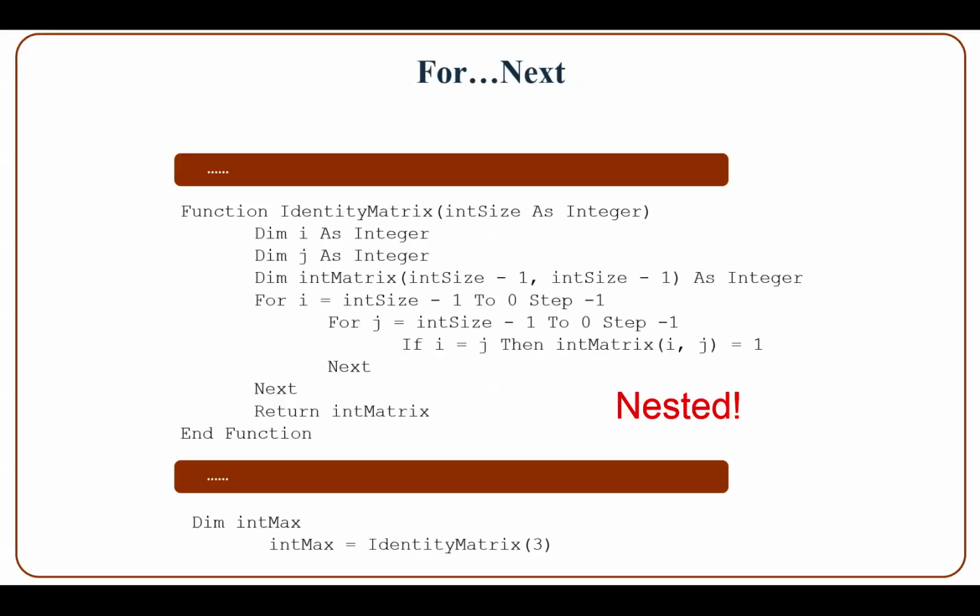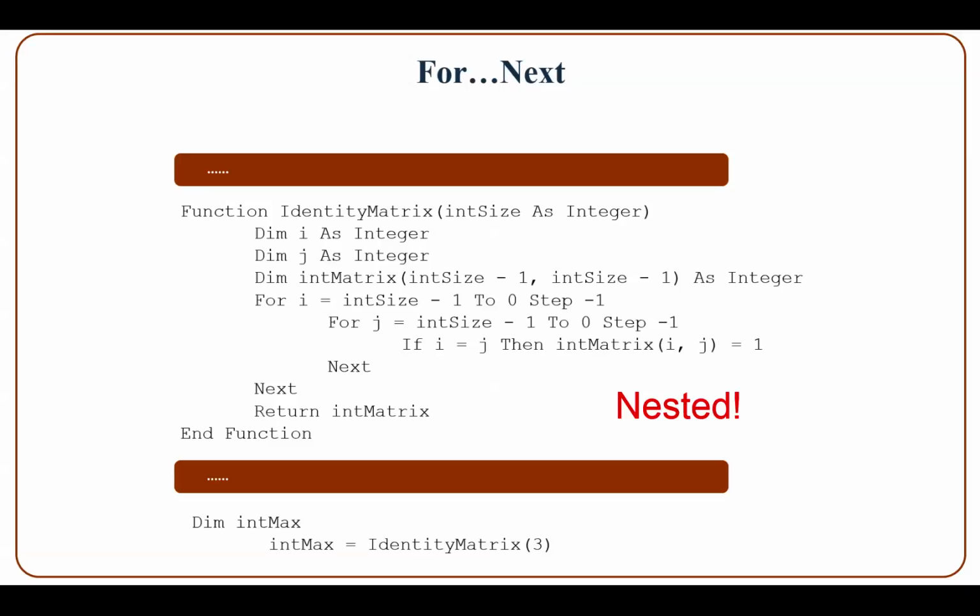Now you have two loops nested. You loop through elements of the matrix and assign 1 to the elements on the diagonal. And finally, you return the matrix int matrix.